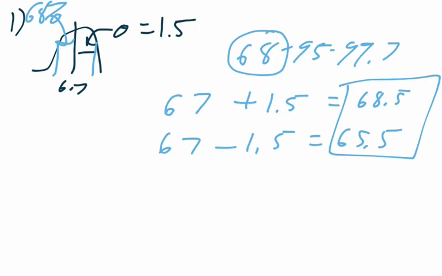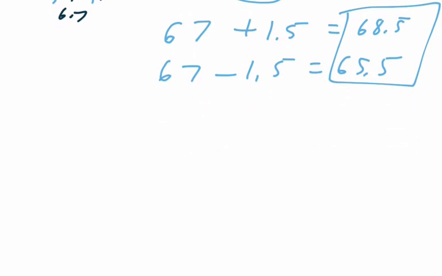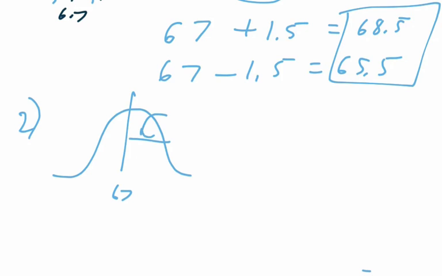Okay, same problem, or problem number 2, same situation. 67, standard deviation of 1.5, and we are looking for over 68 inches tall. So there's 68. So the first thing we do is we find a z-score.